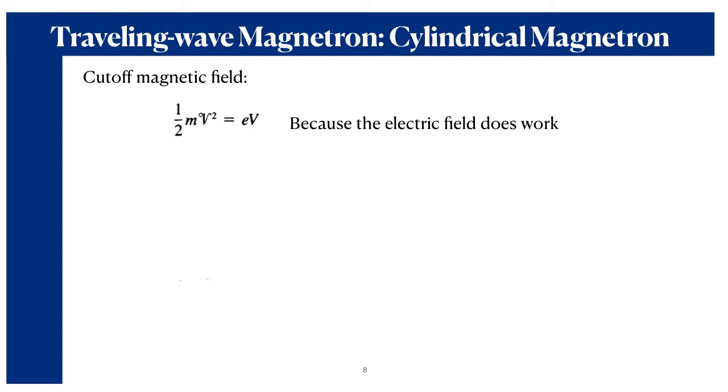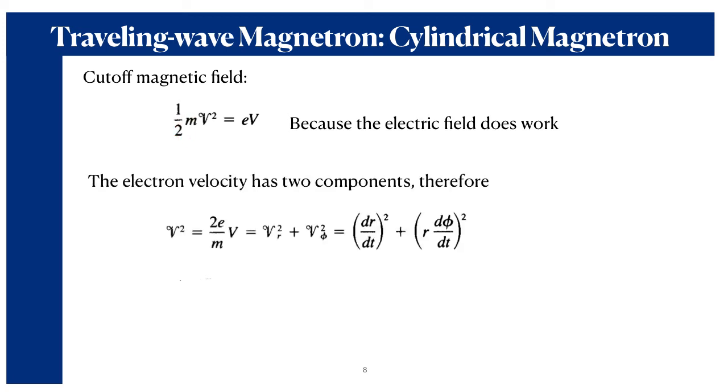Since the electric field does the work, we can relate the total kinetic energy gained by the electrons to the potential energy in terms of the voltage V. So here e gets multiplied to give the electron volt. This is the potential energy that is being converted into kinetic energy.